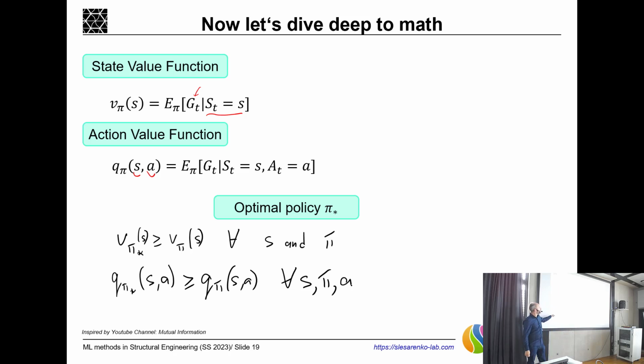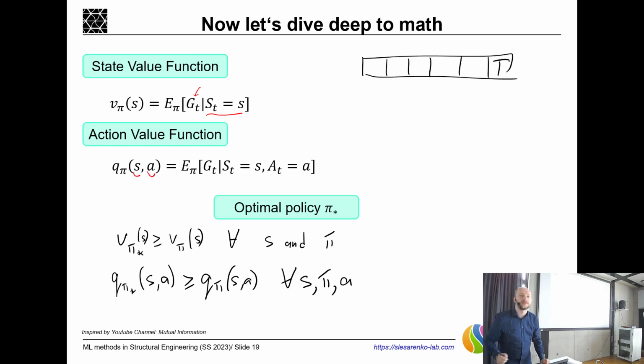Or our action value function for this policy would always, for all states, all policies and all actions, be the maximal one. That means you cannot come up with another strategy, another policy, that will be better.